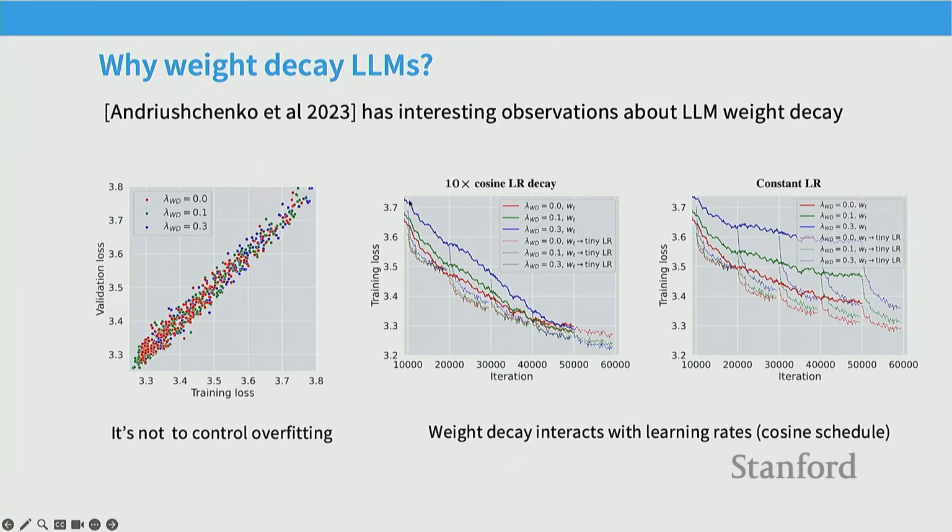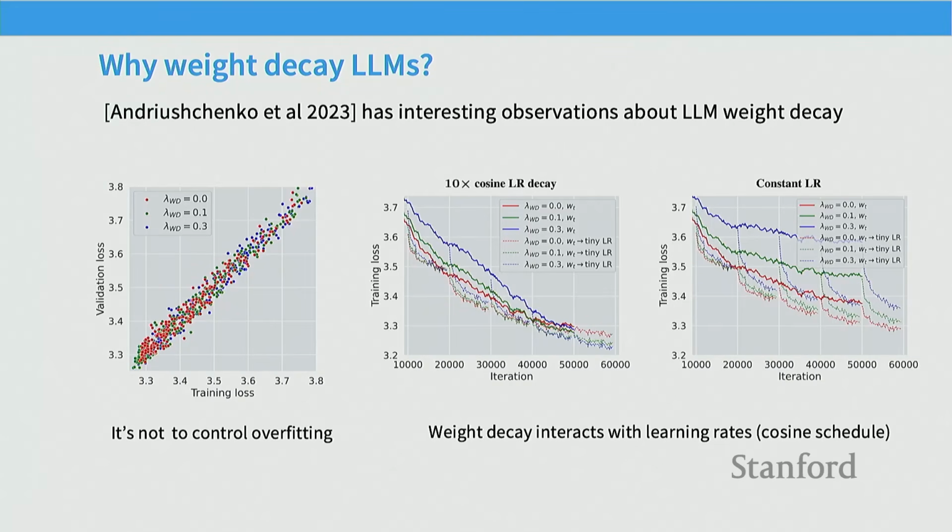And when you look at cosine learning rate decay, the models with high weight decay start out very slow, but then as they cool down, that is, as their learning rate decreases, they very rapidly optimize. So there's some very complex interaction happening here between the optimizer and the weight decay, and some sort of implicit acceleration that happens near the tail end of training that ends up giving you better models.